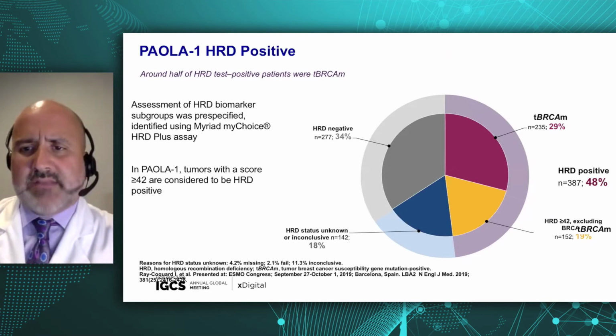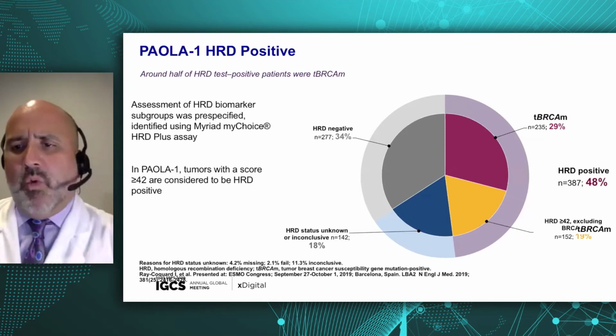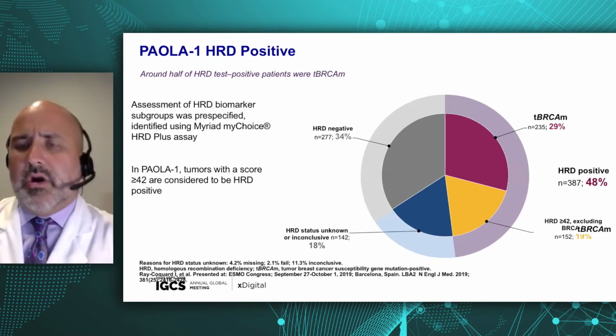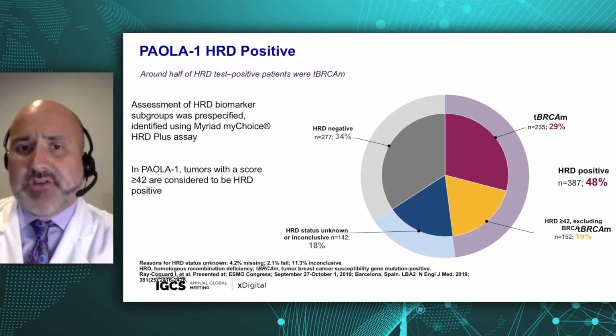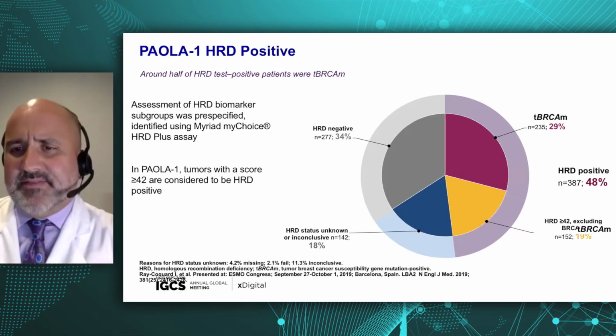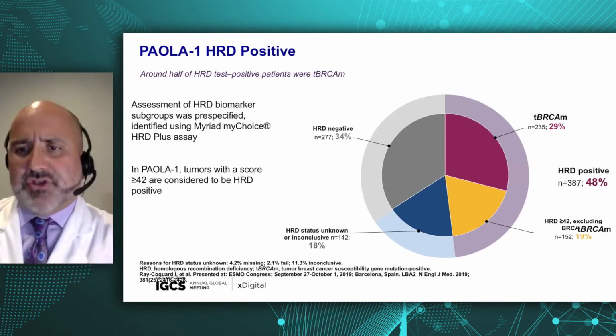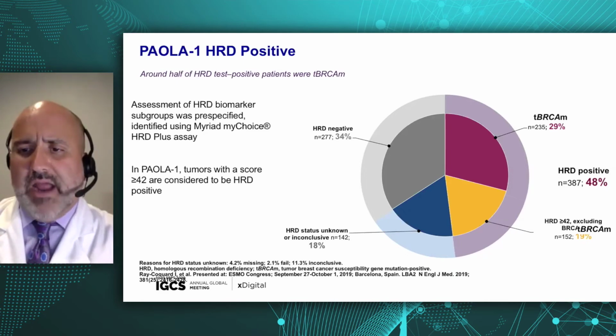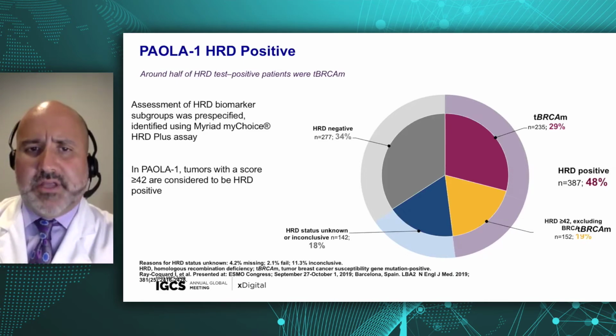And you see on the right side of the screen, about 1/2 of patients were HRD deficient. And of that, about 2/3 were BRCA, and about 1/3 or 20% of the entire population was wild type BRCA with HRD.